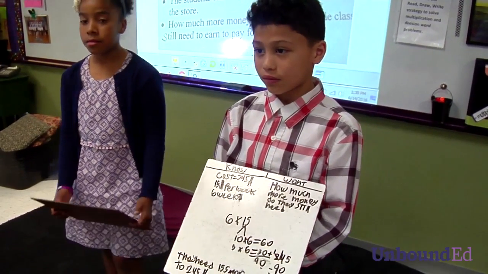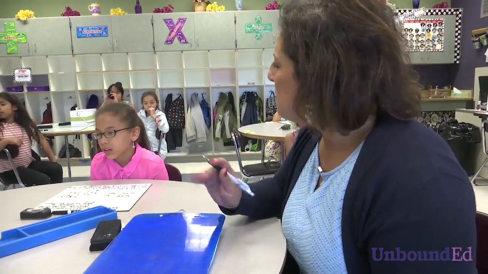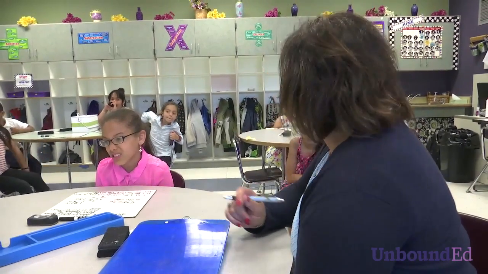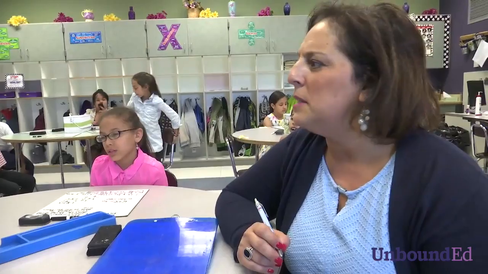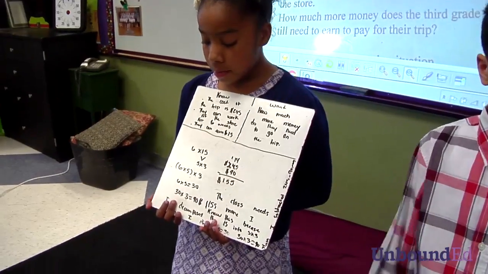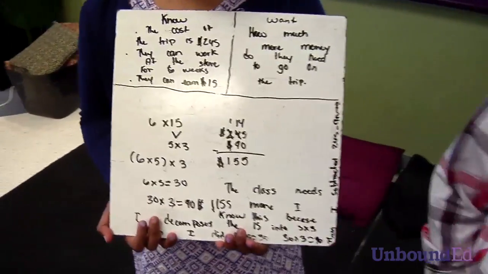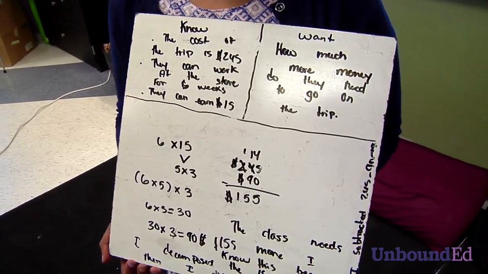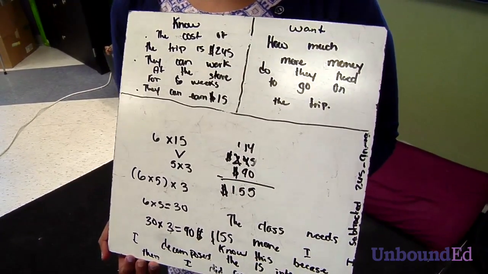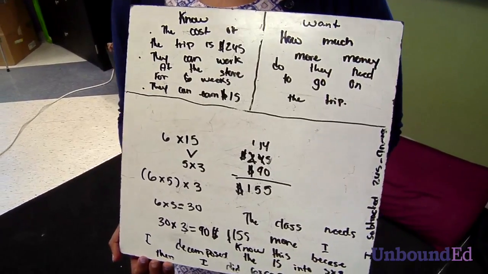I want you to take a look at Victoria's. Hers looks similar but a little bit different than Emmanuel's. Similar but different. What can we see? Kaylin, can you see from there? Yeah, I see that when she didn't know what 6 times 15 is, she did 3 times 5 because she knows that 3 times 5 is 15.